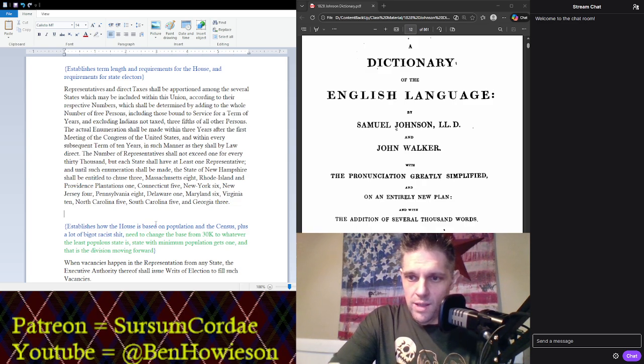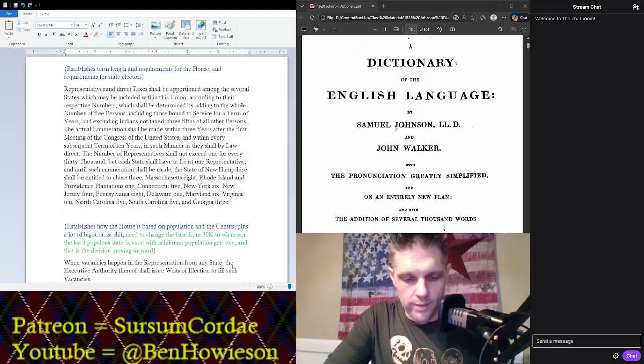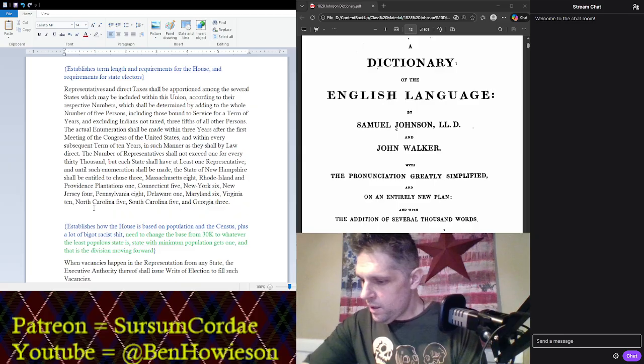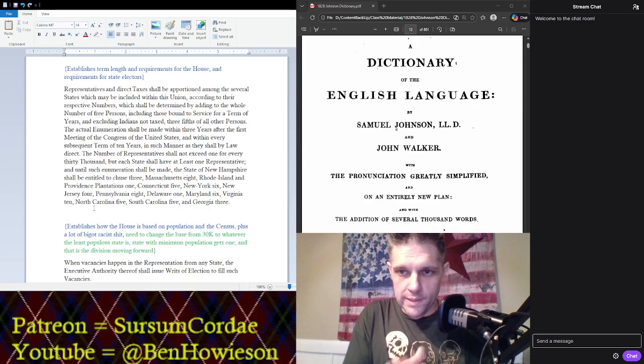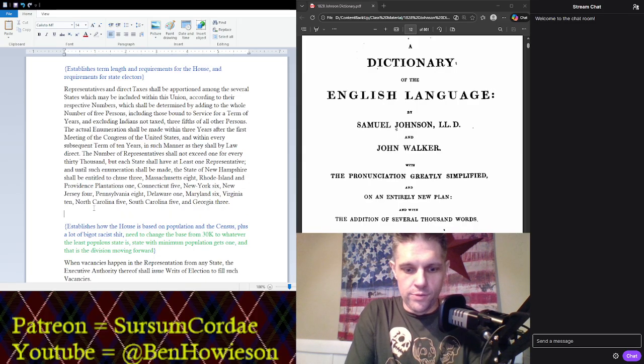As you can see, this establishes the House based on population and the census, plus a lot of stuff that I added in there. And then obviously the green here, as I said up top, we've got to change that 30K base at some point. But right now we're just rewording, not changing. No changes, just rewordies. Let's see, so let's go through and do this.